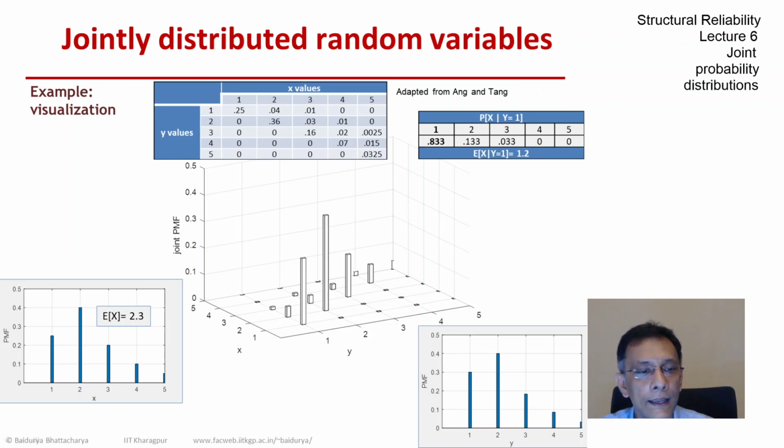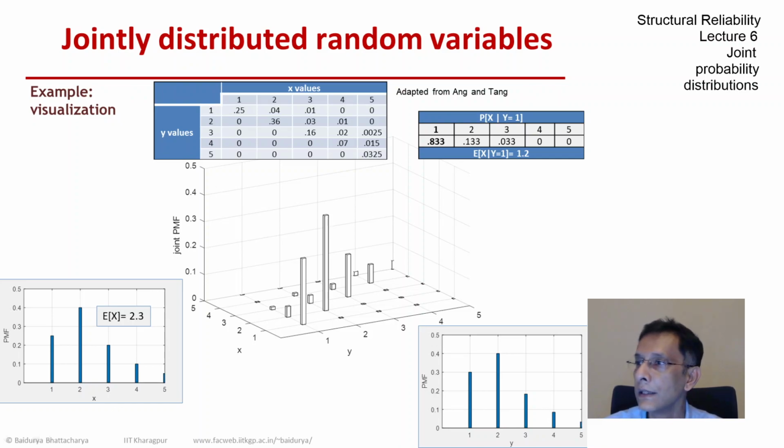If you would like to look at the grid on that three-dimensional figure, we are looking at the line where y is 1, and we are looking at all the possibilities of x only along that line. So now we need to normalize. That's how the conditional mass function of x given y is 1 would become a legitimate mass function.